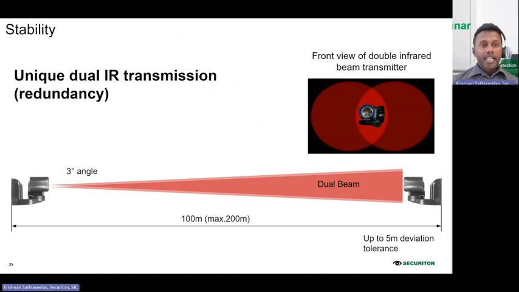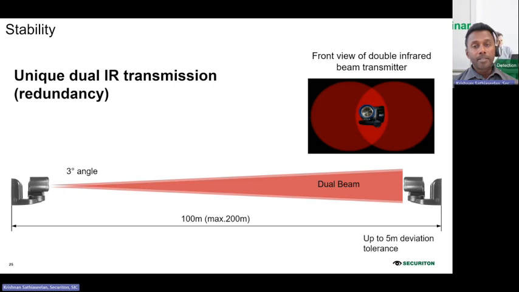Talking about stability concerning the beam detection, we have dual IR transmission, which means redundancy. Then there is the wider range, as you can see in the picture on your right, the front view, which shows double infrared beam detection. So you have a wider range of detection, which gives approximately 5-meter deviation tolerance.